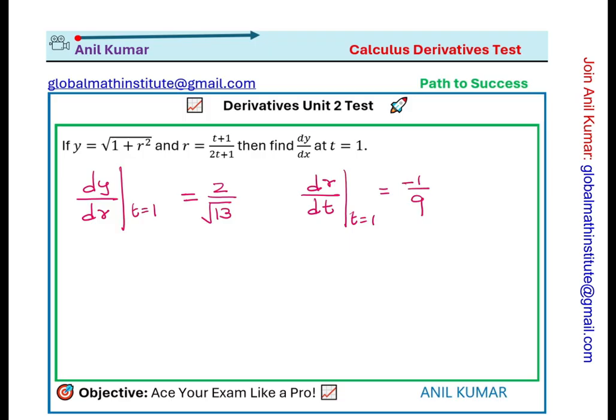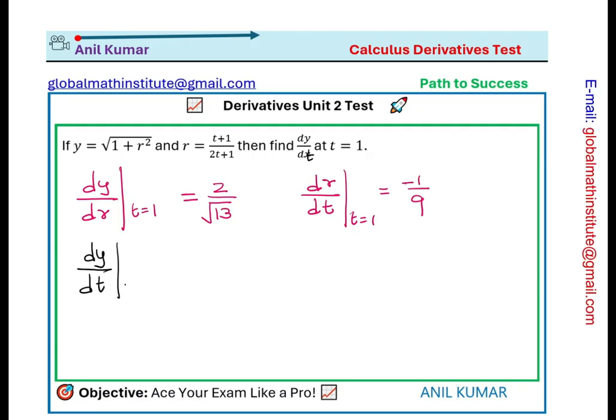So now let's apply the chain rule, and what we get is this should be dy/dt. So we get dy/dt at t equals 1 equals dy/dr at t equals 1 times dr/dt at t equals 1.